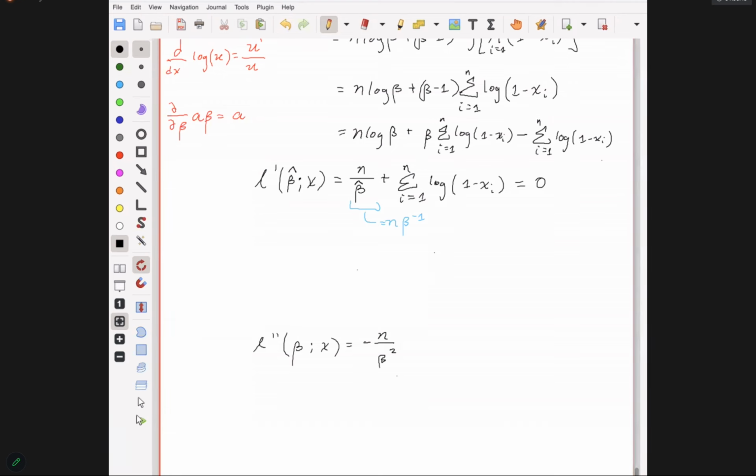And so what would I say that beta hat is then? So beta hat is just equal to minus n over beta squared, probably.